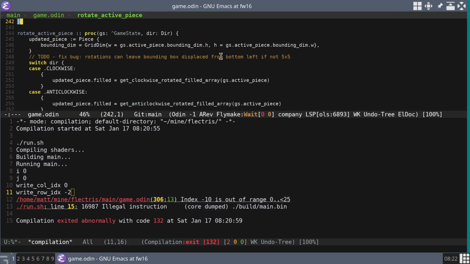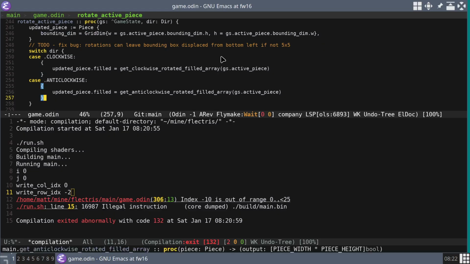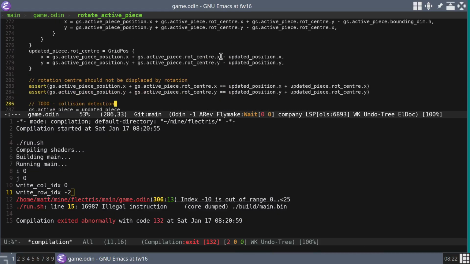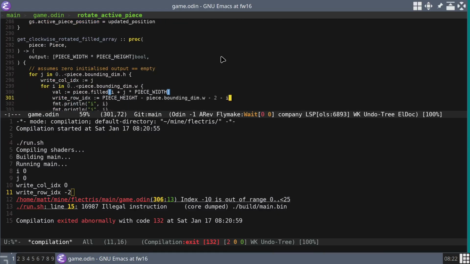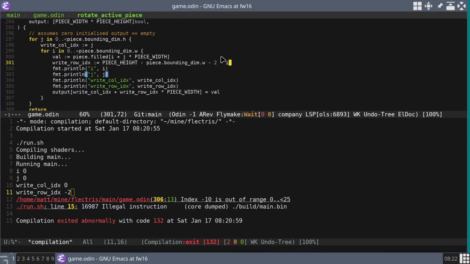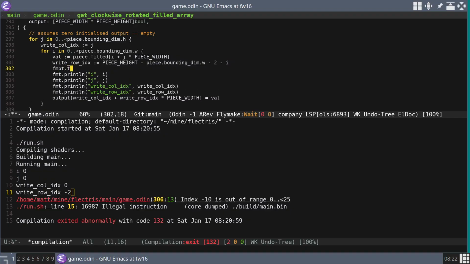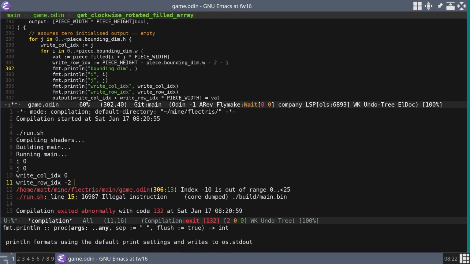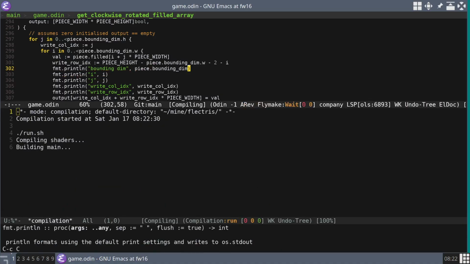No. So I've updated piece is all of this stuff. Passing the active piece. So these are definitely the old bounding dimensions. Maybe that's useful to print as well. Format, print line bounding dim is piece dot bounding dim. Run it again.